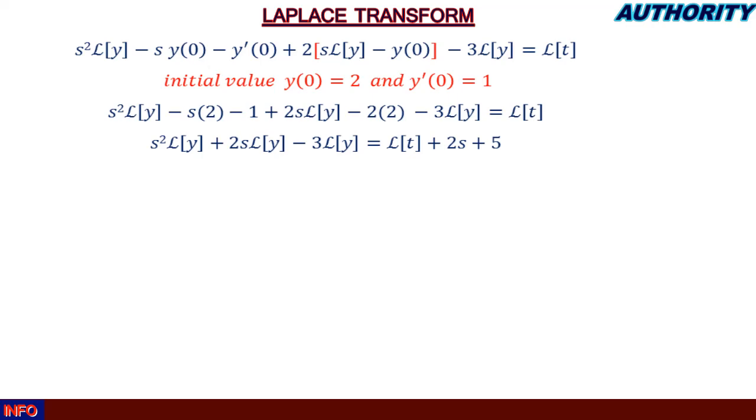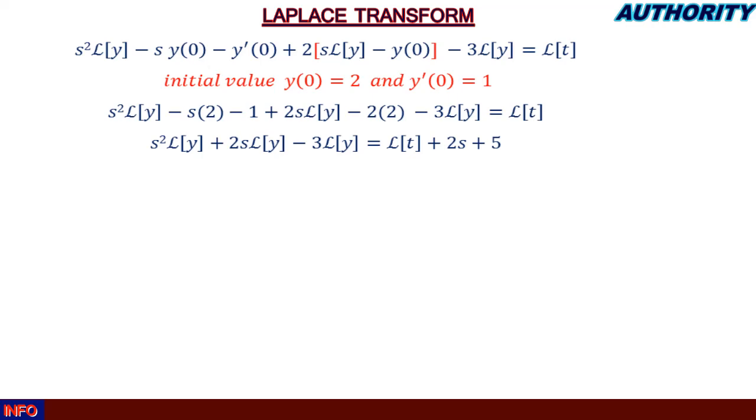Then taking minus 2s to the other side, we have plus 2s, and then minus 1, and minus 4, because 2 times 2 gives 4. Minus 1 minus 4 is minus 5, and crossing to the other side gives us plus 5. Is that clear?